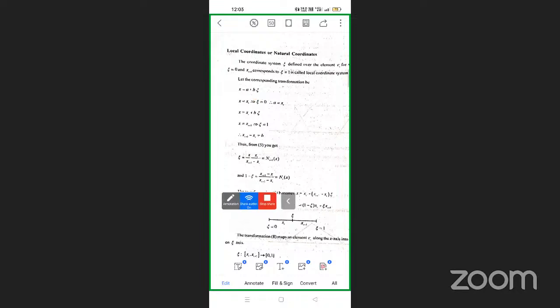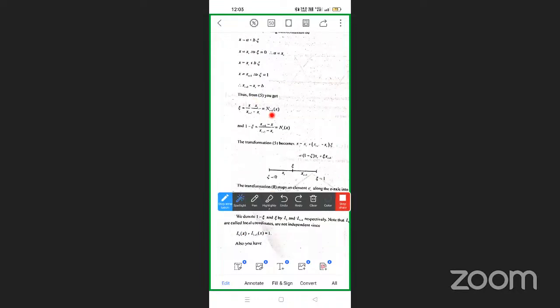From equation 5, N_{i+1} of x is equal to x minus x_i divided by x_{i+1} minus x_i. There is a printing mistake here: x minus x_i by x_{i+1} minus x_i. And 1 minus xi is equal to x_{i+1} minus x divided by x_{i+1} minus x_i, which is equal to N_i of x.